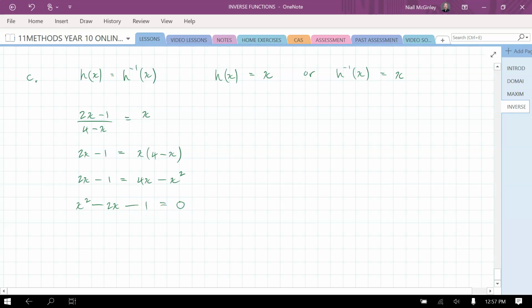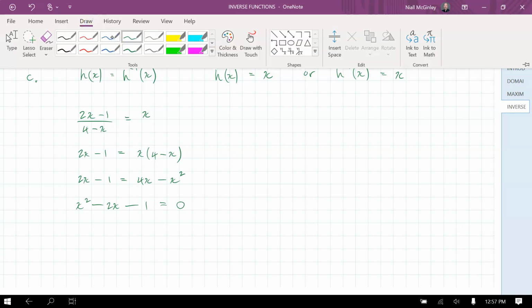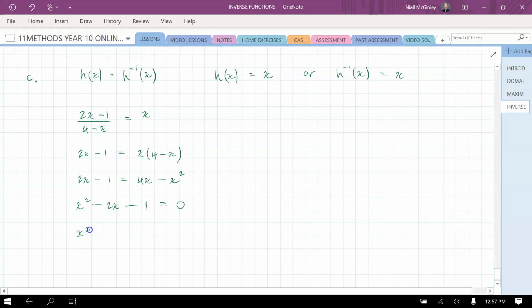Now we need to factorize. So have a quick scan, see if you can use the cross method. Because it's a minus 1 here, it's not going to be possible. So what we have to do is either complete the square or use the quadratic formula. I'm just going to complete the square here because it is nice numbers.